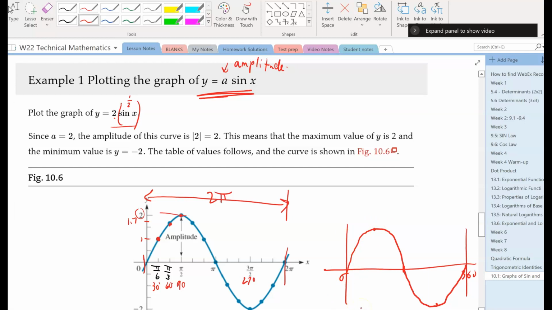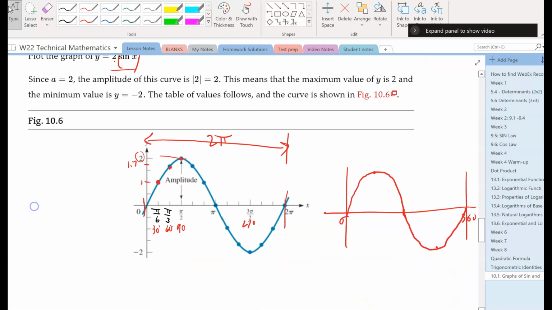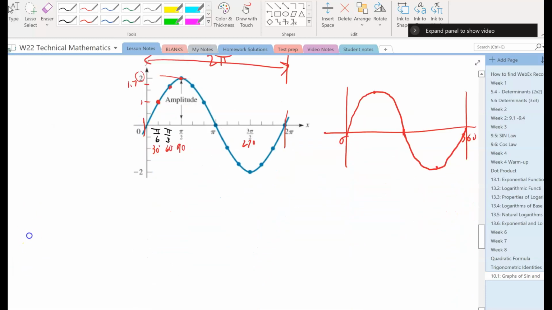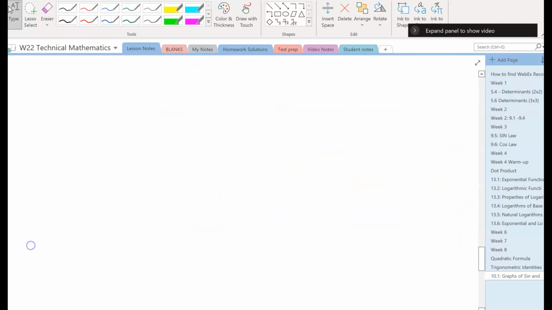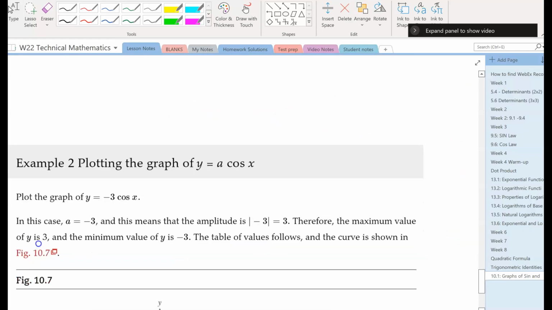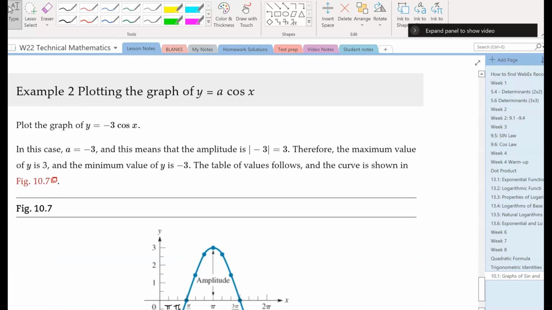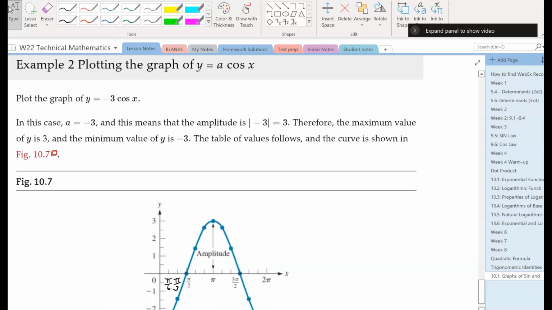All right, what do I have down here? Okay, plotting y equals a cos x. Now for this one, we need to know the cosine x before anything has happened to it, okay? It looks like that. 0 to 360. If we take every single value on there and multiply it by -3, first, it's going to stretch it by a factor of 3, and then flip it to the negative, won't it?